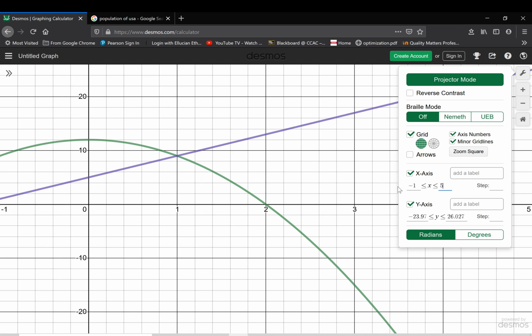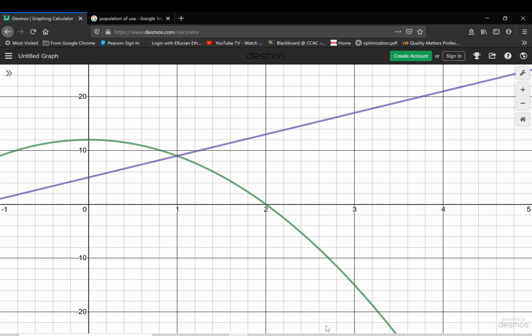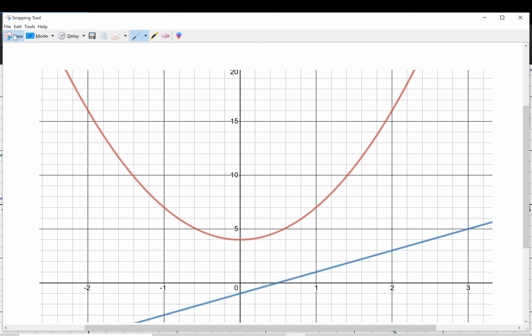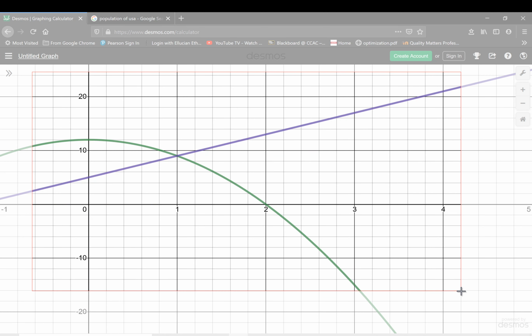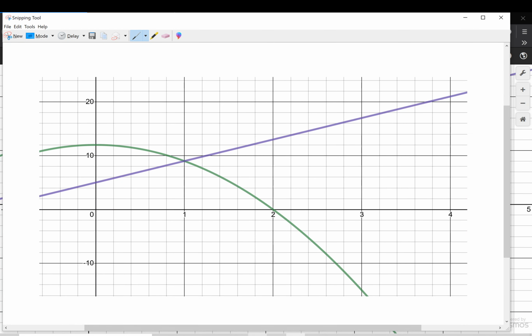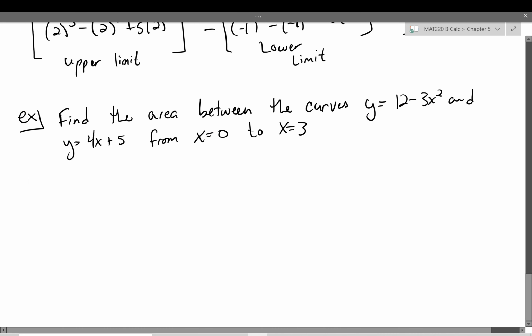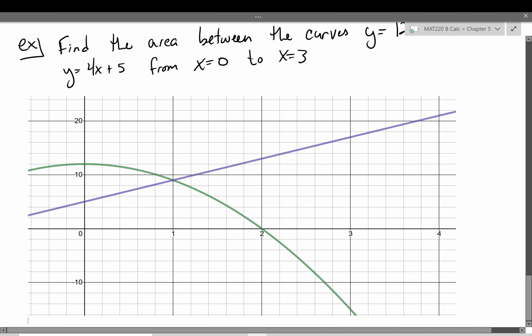All right. And I think that's good right there. We'll leave it just like that. All right, and you'll see why. Okay, so here's the picture.